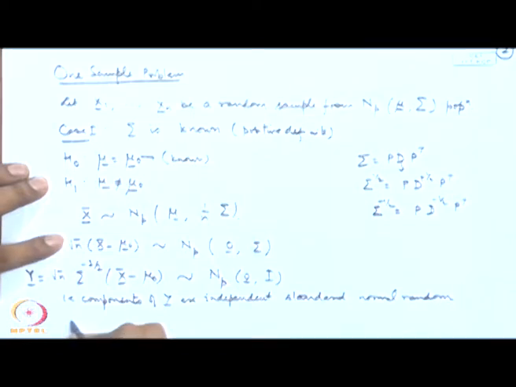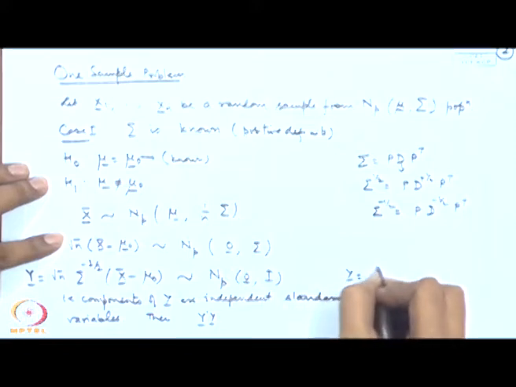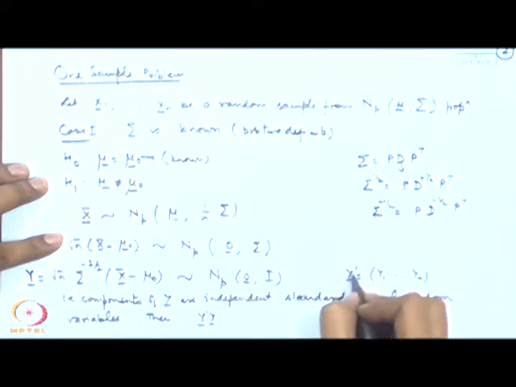Suppose I am writing Y equal to (Y1, Y2, ..., Yp), where Y transpose is the row vector.